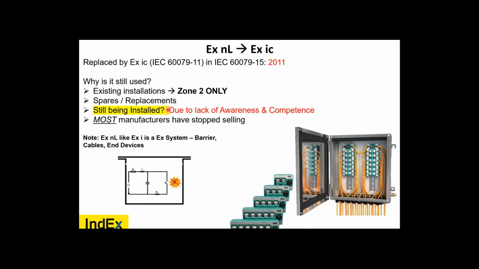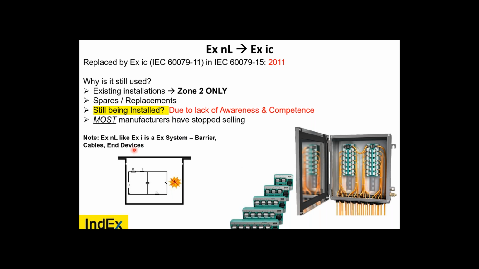It is more than 2 editions out of date with the IEC and ATEX. You must follow the ATEX directives, which specifically has on their website dates of when the manufacturer can even make this equipment. Now, most manufacturers have stopped selling NL. The only reason it's still sold is spares and replacements.